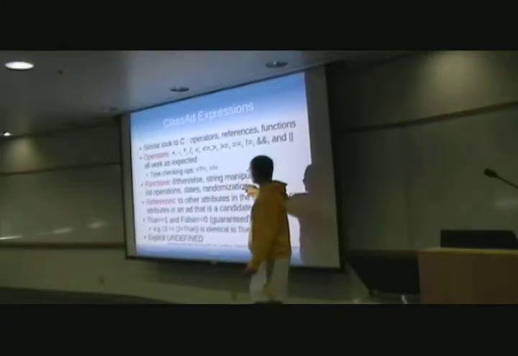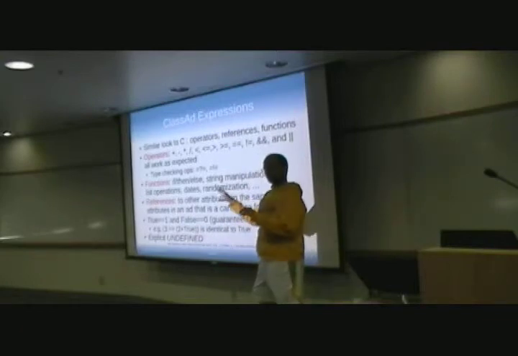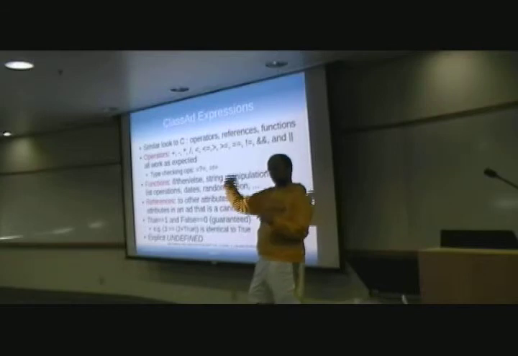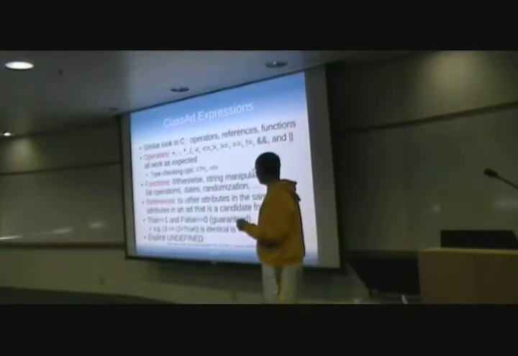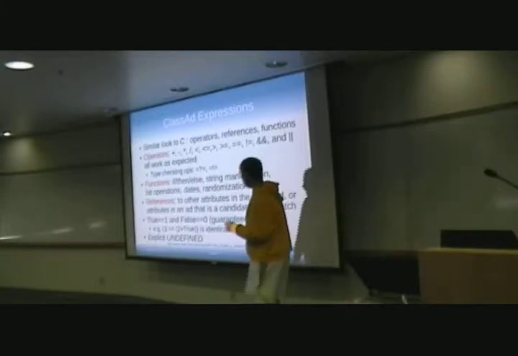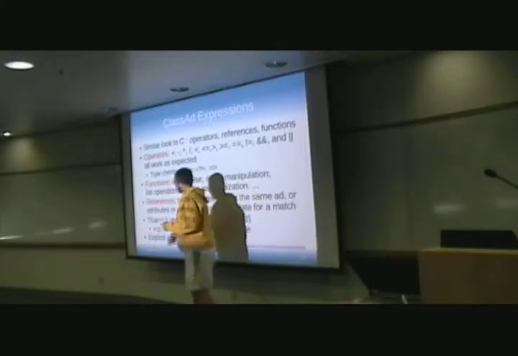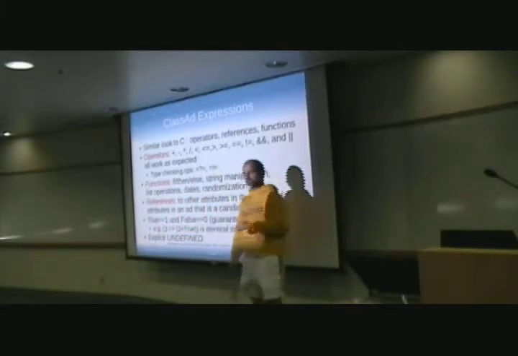You have functions, plenty of them. You can reference other attributes. So if you just put another attribute like it was before, job is ITB, it will look it up and use it. And a few nice things is that true is equal to 1 and false is equal to 0. That's guaranteed.